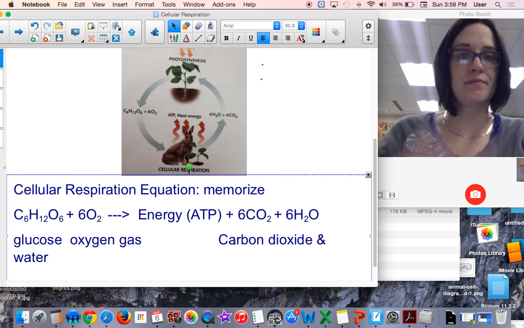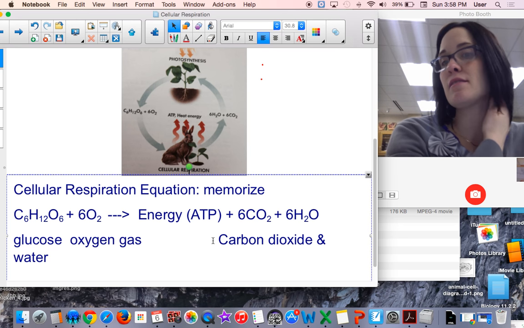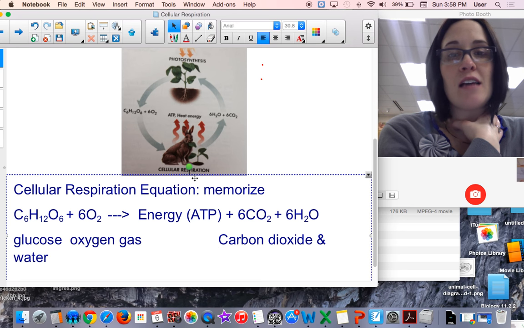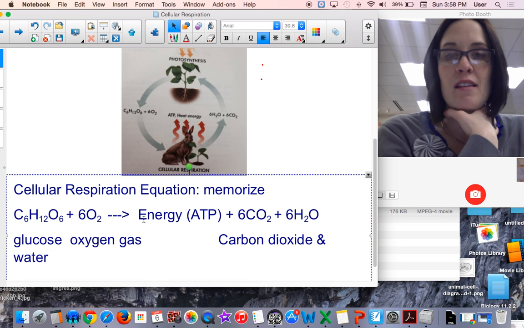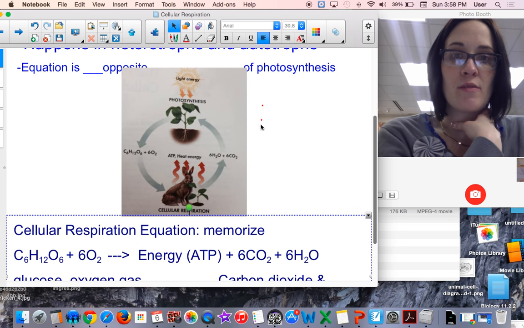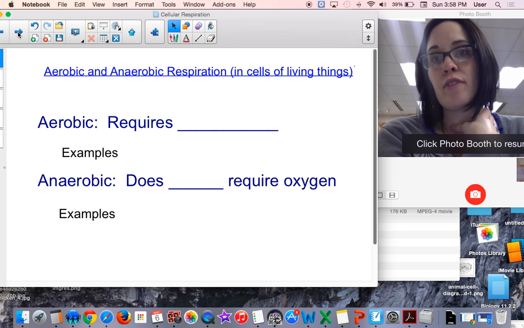All right, and that equation is balanced. Notice that it's the exact opposite of photosynthesis, except the energy form is different. Instead of light over here as a reactant, it's ATP as a product over here.